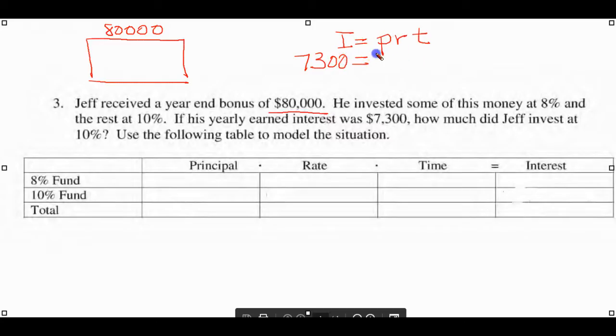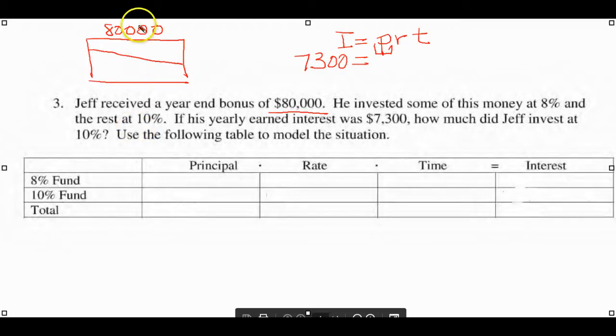But our principal here is divided into two parts. We're going to have part of it at 8%, part of it at 10%. So we have to think of a way to divide our 80,000 into two parts that we don't know how much is in each part.